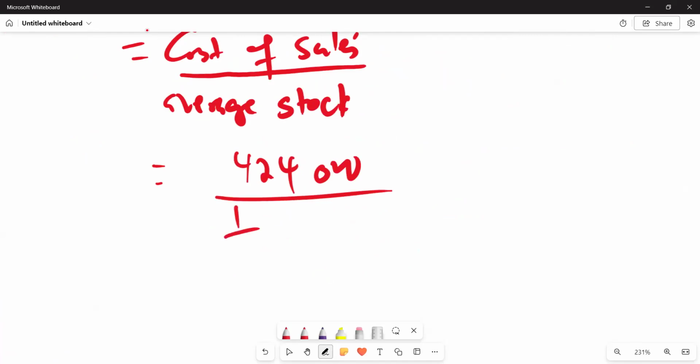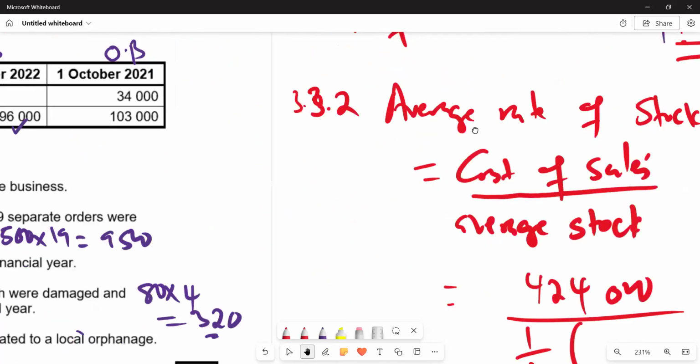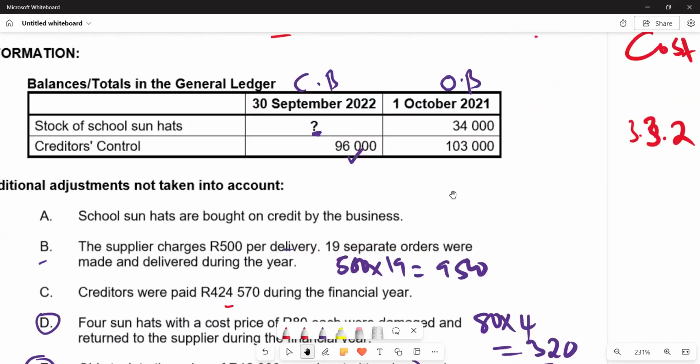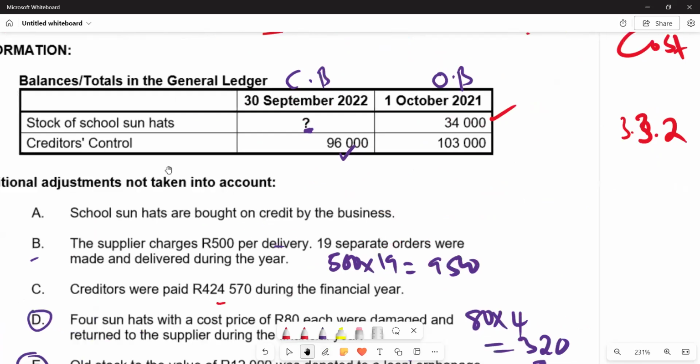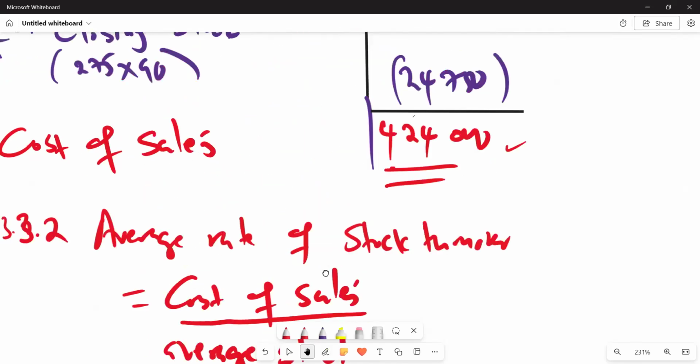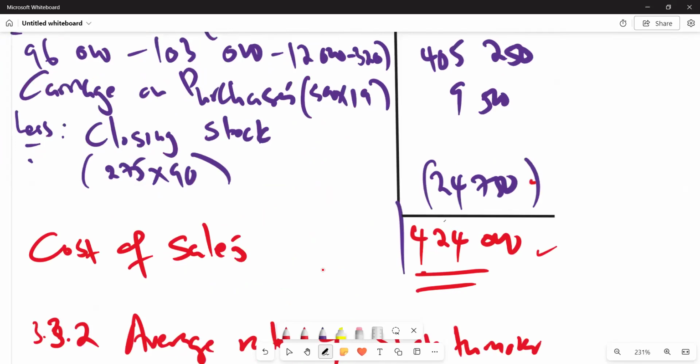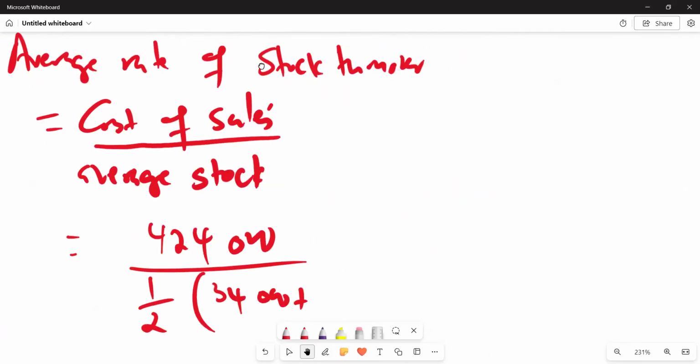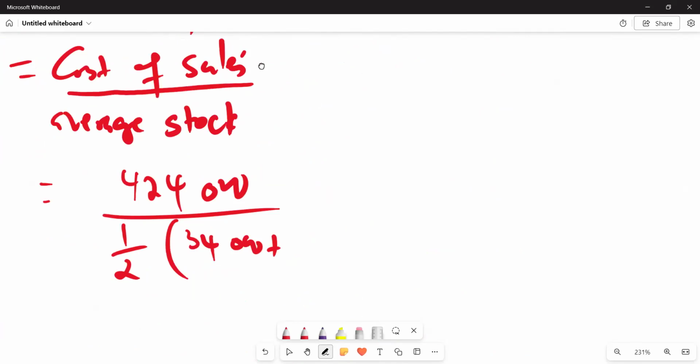Average stock, obviously, we're going to say half, and then we add our average stock, which is opening stock plus closing stock divided by 2. Our opening stock, we're given this 34,000 plus our closing stock, we did calculate it here, which is our 24,750, then we close bracket.